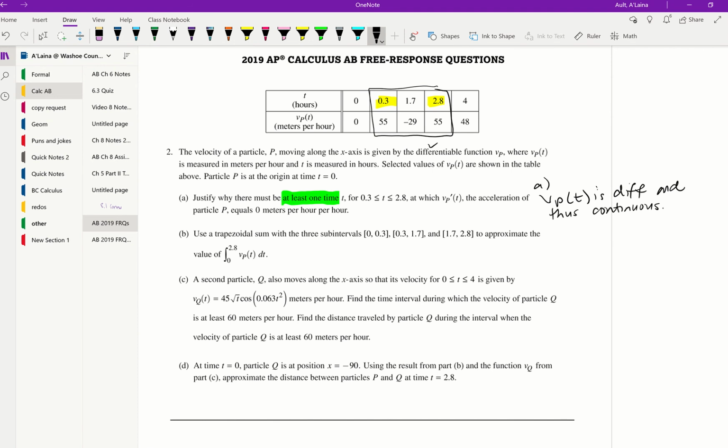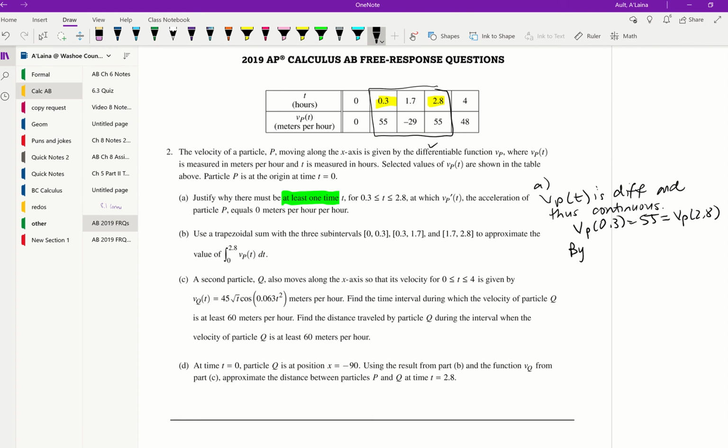We also, if we're going to use Rolle's, should mention that V sub p of 0.3 is equal to 55, and that is equal to V sub p of 2.8. We want to show that they have the same output here.